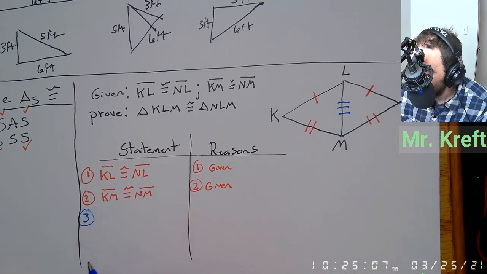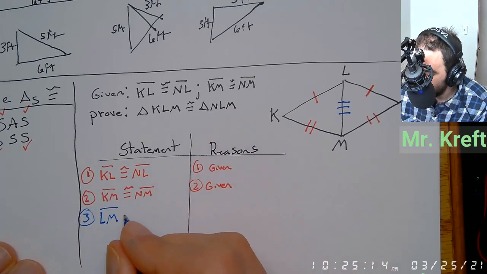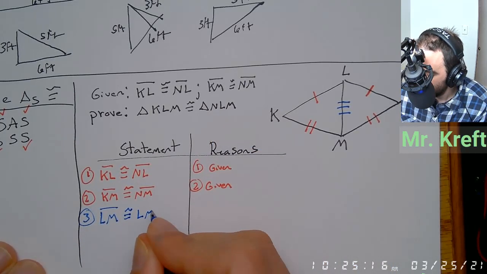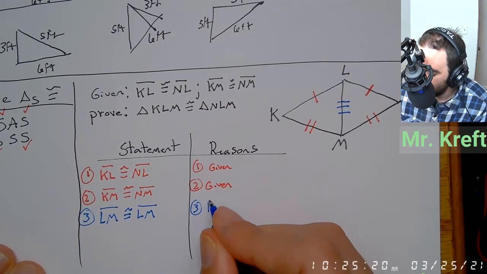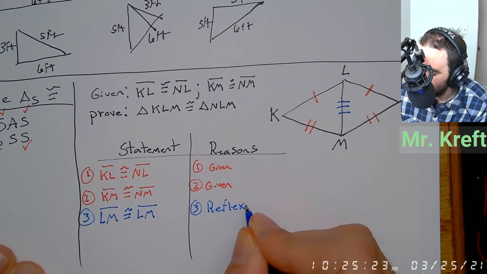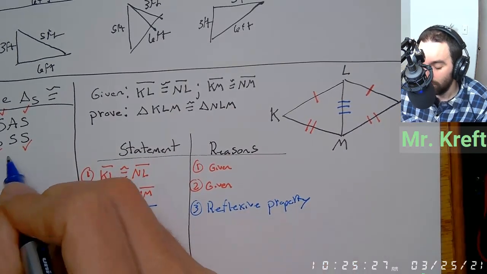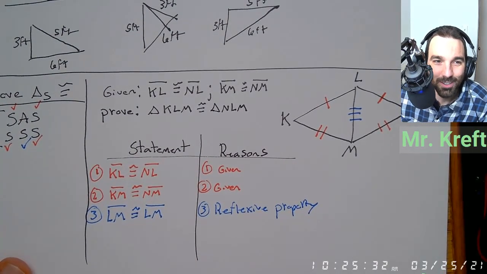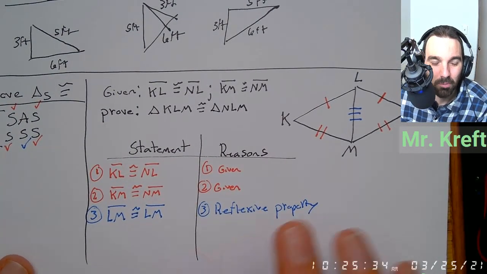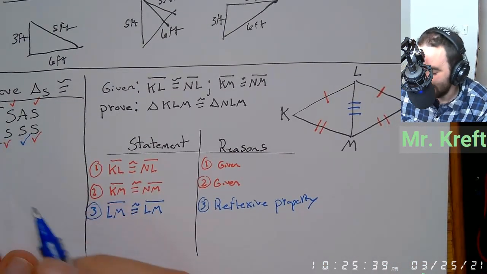So I'm gonna write segment LM. Now I'm gonna look up here. So segment LM goes with LM. Okay, and then my reason is reflexive property. So I got that third S, and this is why I think you guys are gonna really like SSS problems, because we're done. That's it. So we got SSS.